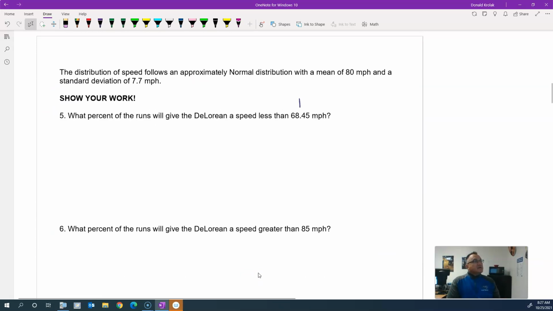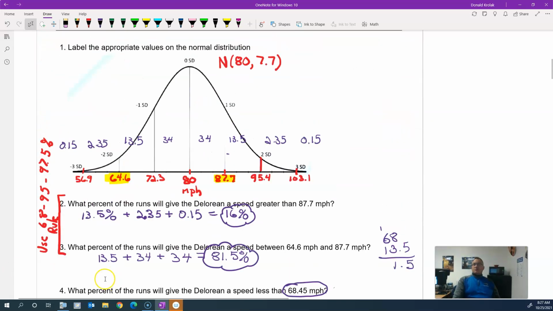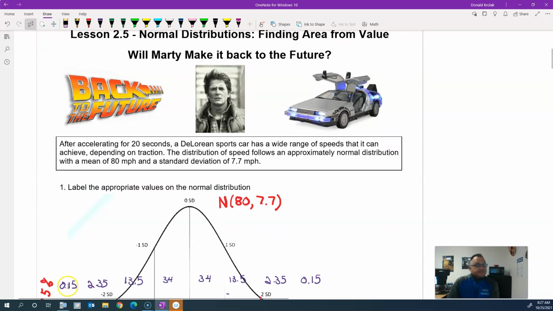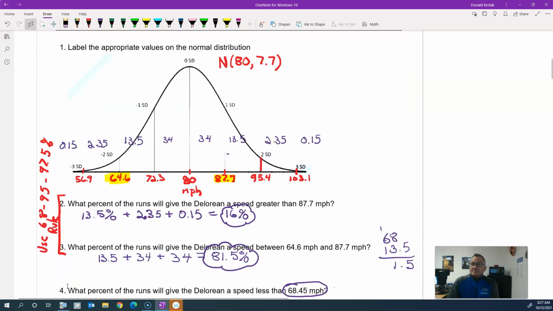It's not a value on our normal distribution. It's not one of those values that we found out. It's somewhere between those two values. It's going to be somewhere in here.